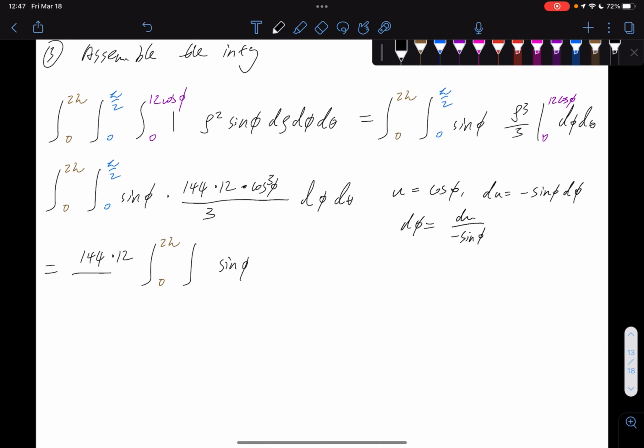I don't even bother calculating. Sine phi u cubed, that's cosine cubed, and then times d phi, which is just du over negative sine phi, and then the sine phi cancels out. So that will give us negative 144 times 12 over 3, from 0 to 2 pi.